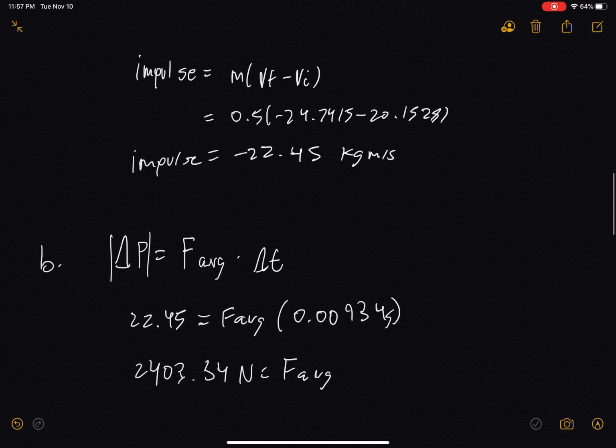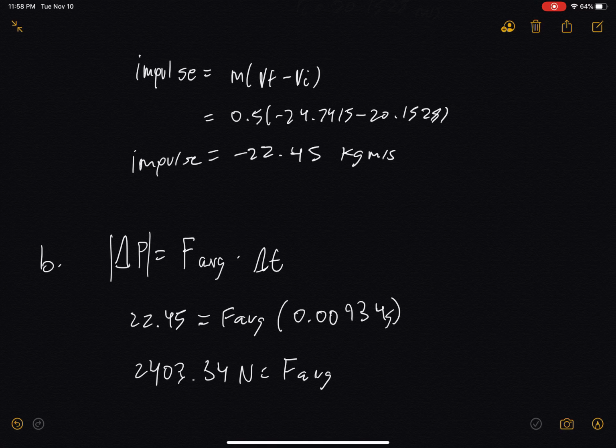Now to find the impulse, we need to do the mass times the change in velocity of the system. In this case, we have the velocity of the ball just before it hits the ground and the velocity just after it hits the ground. So 0.5 times our plugged in velocity values gives us an impulse of negative 22.45 kilogram meters per second.